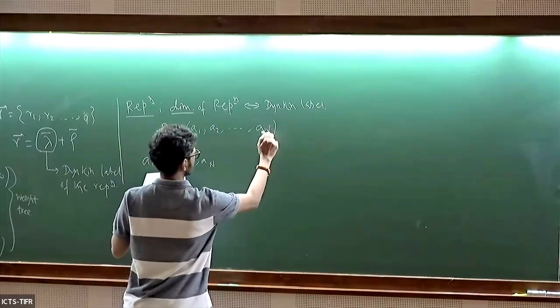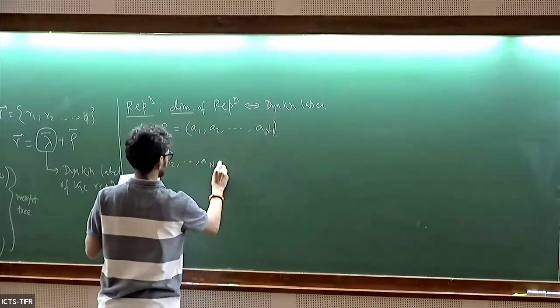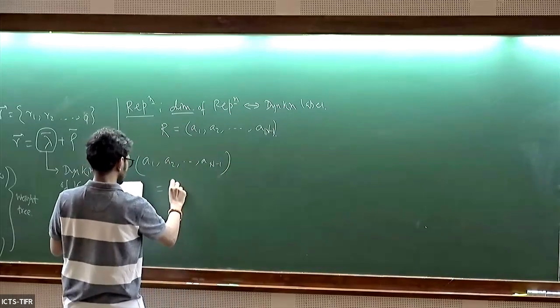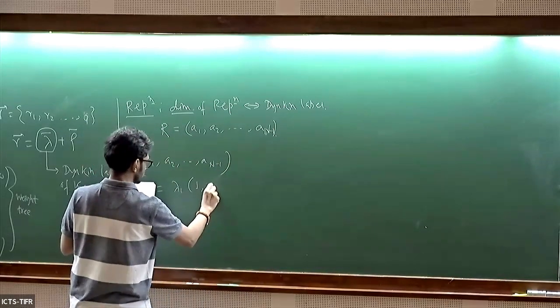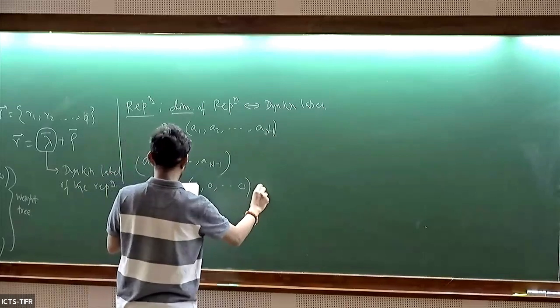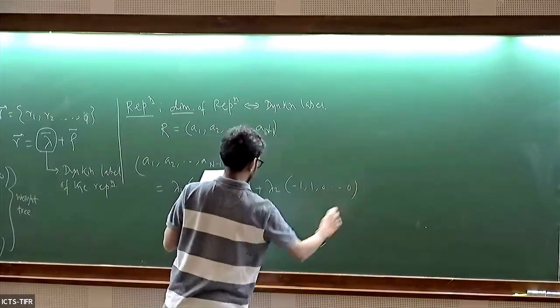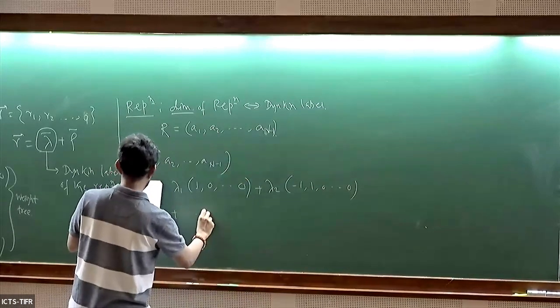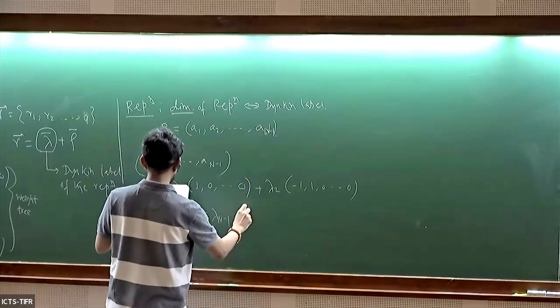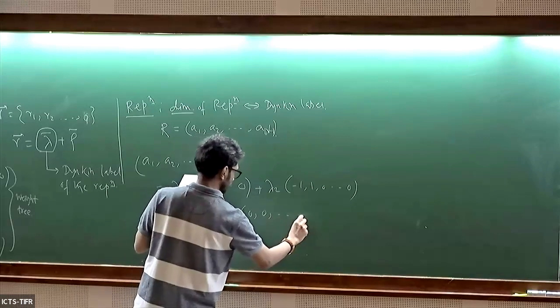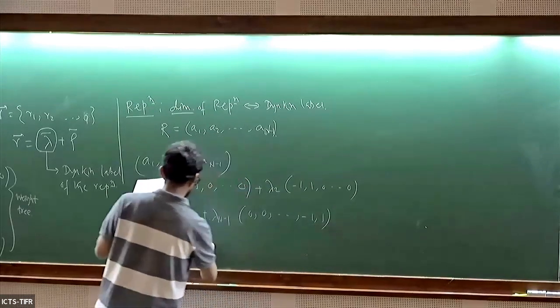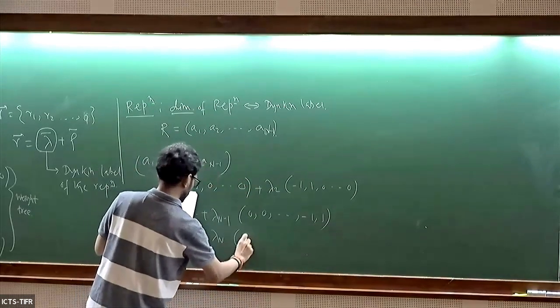or maybe I can work with one less dimension. This quantity as lambda 1, lambda n minus 1, plus lambda n.